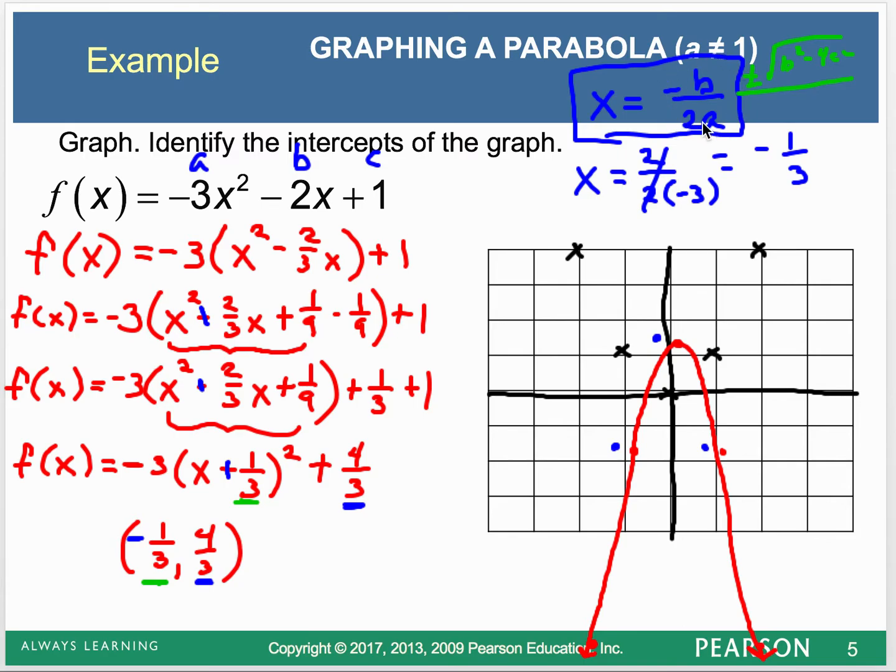So maybe that'll help also. Oh, negative b over 2a. That gives me my x part of the vertex. Now, if I wanted the y part of the vertex, well, when x is negative 1/3, I could just plug it in.